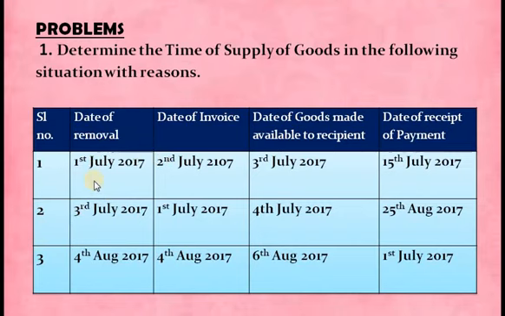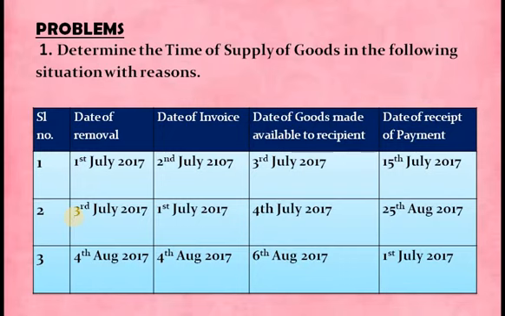As I told, I want you all to remember the provisions. In the first case, the date of removal is 1st July, the date of invoice is 2nd July, the date of goods made available to the recipient is 3rd July, and the date of receipt of payment is 5th July. First we have already sent the goods, and then we have prepared our invoice. Out of these four situations, you have to see whichever has taken place earlier, because the moment I remove the goods from my place, I enter it in my books of account.